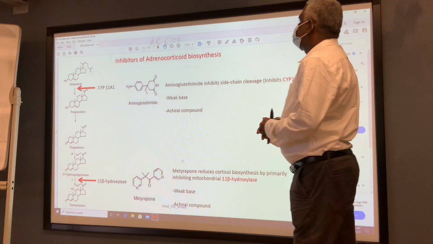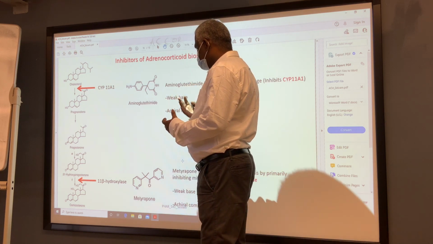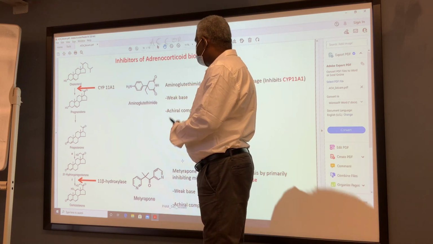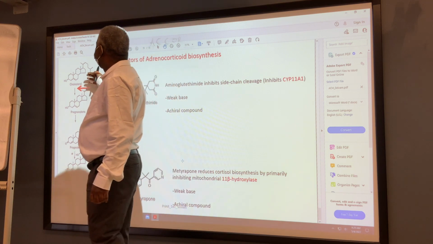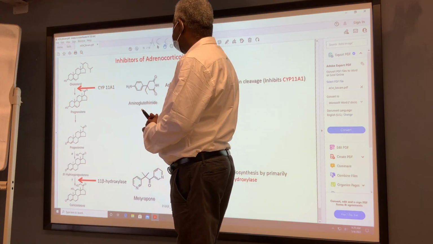These are inhibitors of adrenocorticoid biosynthesis. So the corticosteroids are biosynthesized from cholesterol. Cholesterol is the starting material for corticosteroid biosynthesis.